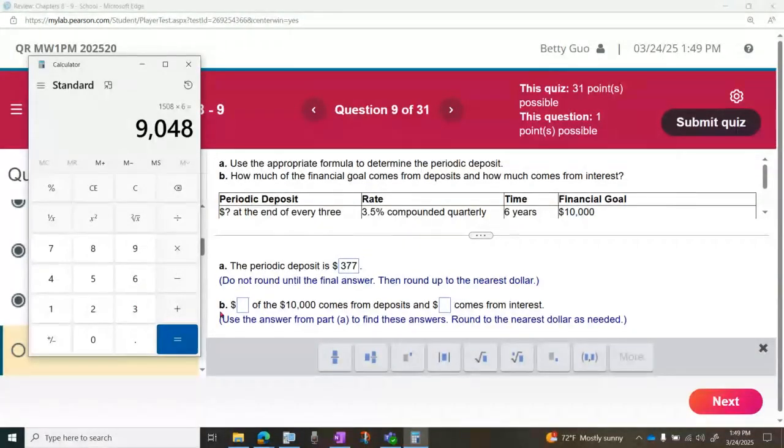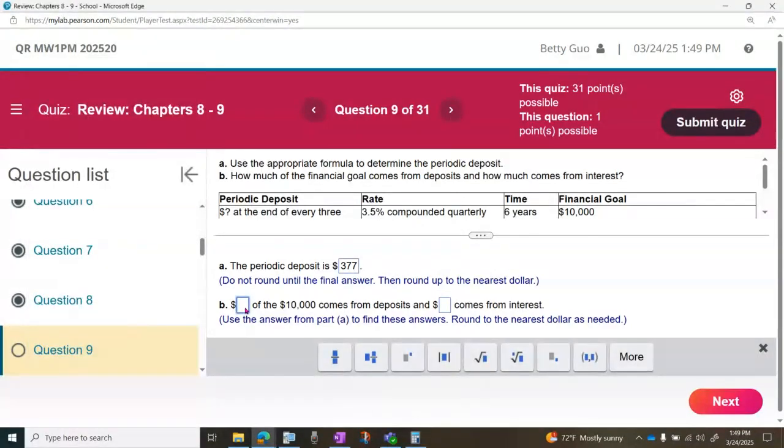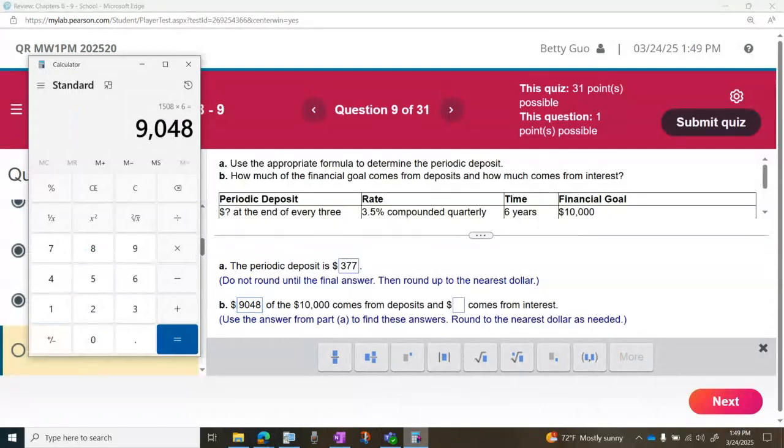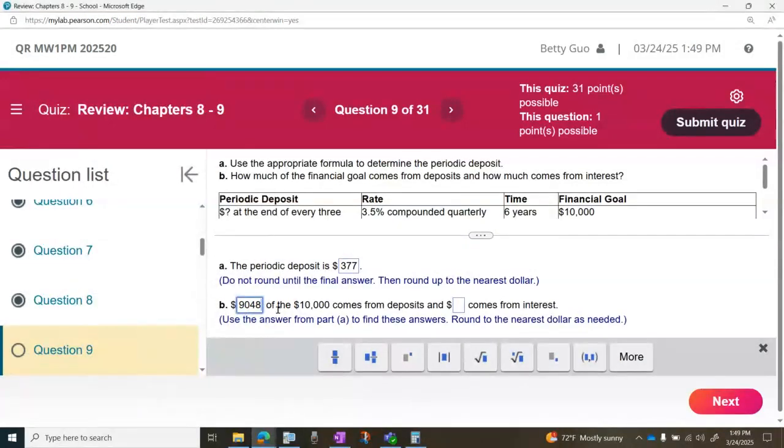So that's the money coming from your pocket. 9048. Double check. 9048. And that's how much money is from you.